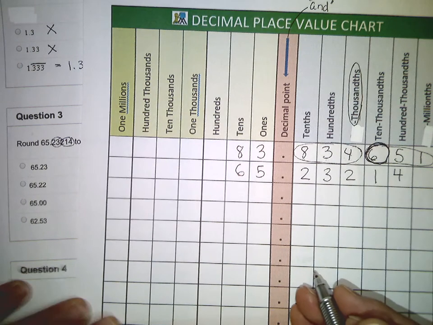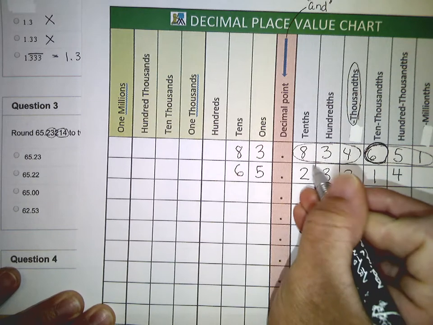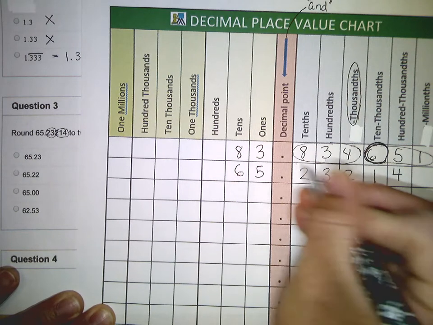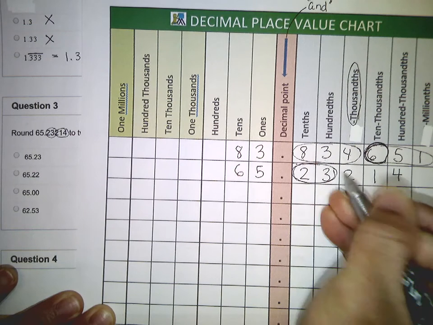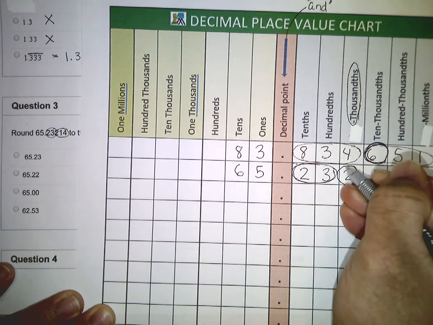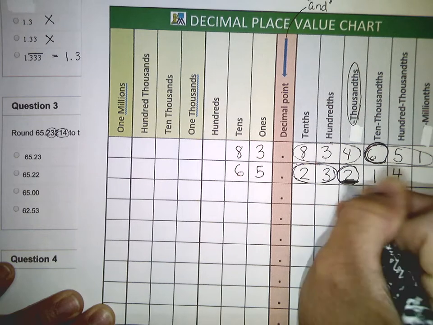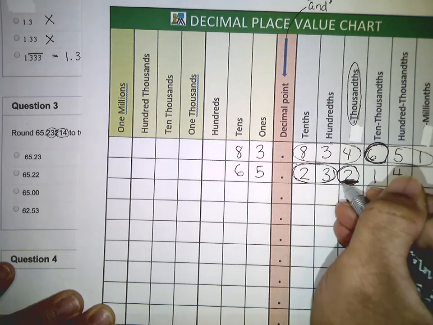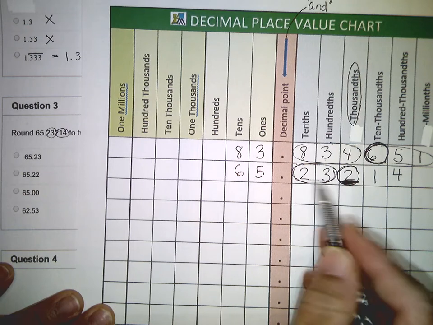So I want to round this to 2 decimal places. So that means 2 digits after the decimal place. So that would be these 2 digits. All right. And then I look 1 digit to the right, and I see it's a 2, which is under 5, so that means that this part right here stays 23.